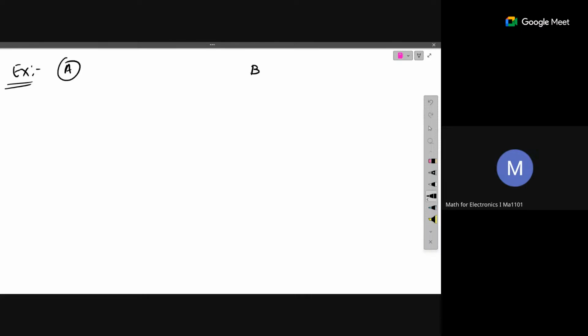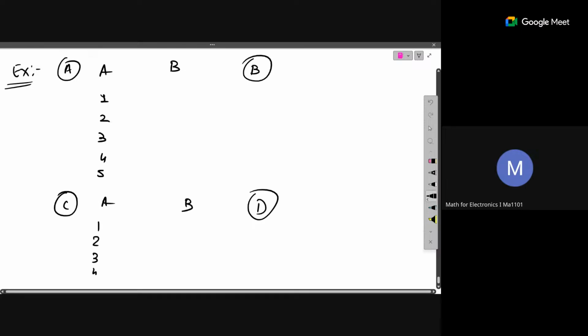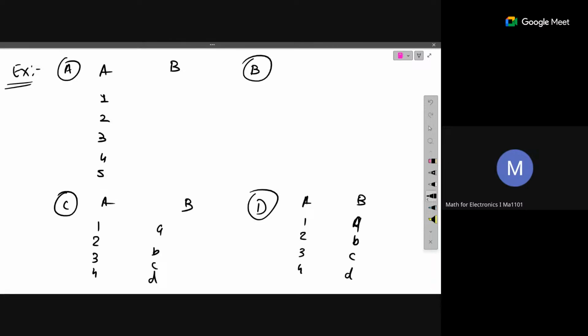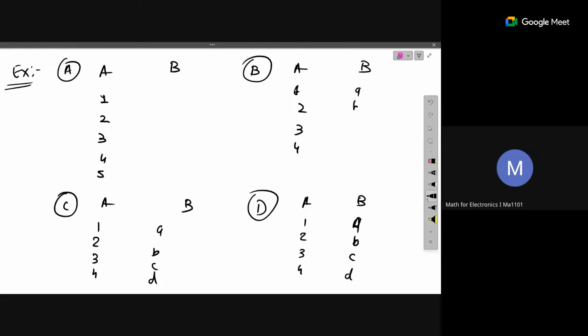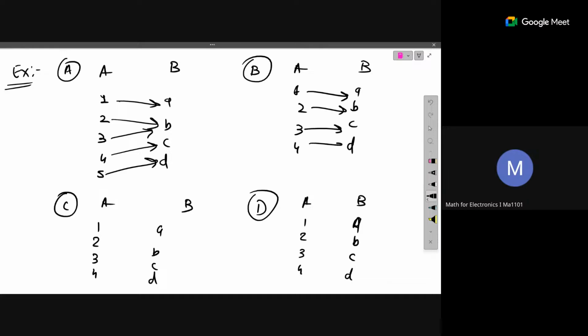I'll give you four correspondences between sets A and B, with elements 1, 2, 3, 4, 5 and A, B, C, D. You have to tell which function is one-one and which is not, and the same goes for onto functions.